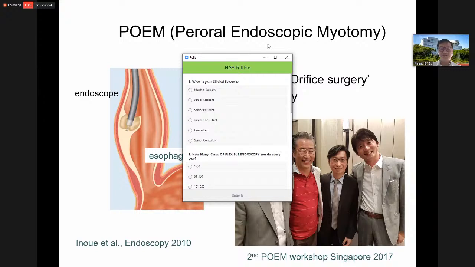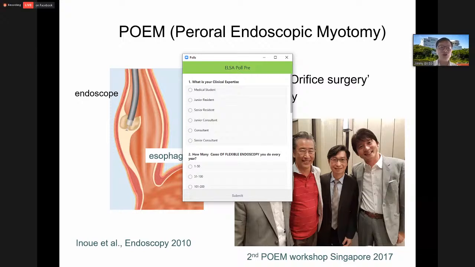But nowadays, in the last 12 years, many people are interested in this new technique called POEM, which is a natural orifice surgery, because we actually perform a surgical procedure through our oral orifice.